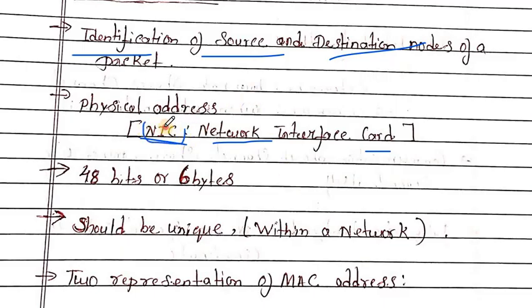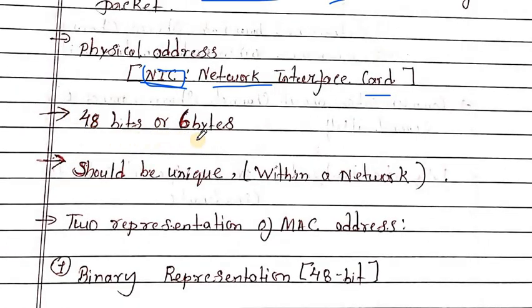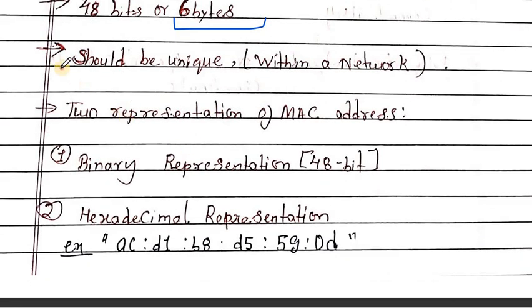Each NIC has a unique address called the MAC address. The MAC address is 48 bits, or 6 bytes. It should be unique within a network.